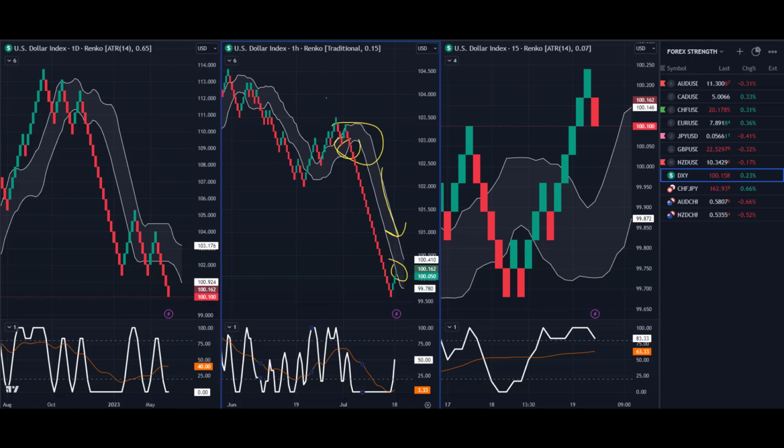So again, if we use this example, we've got the breakdown there, so we're looking for a bearish trade, we then go up to the price action. We could say, well, it's still not broken out under the band. We're going to wait until it does that, closes out there with one block, and then back in.